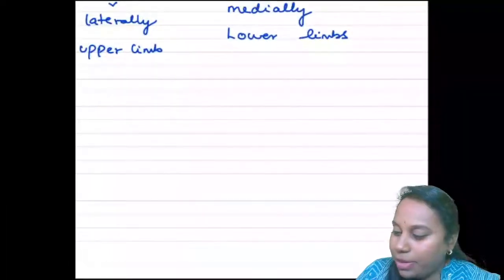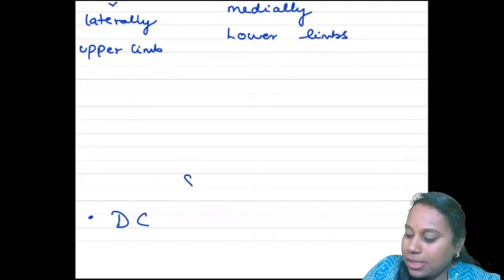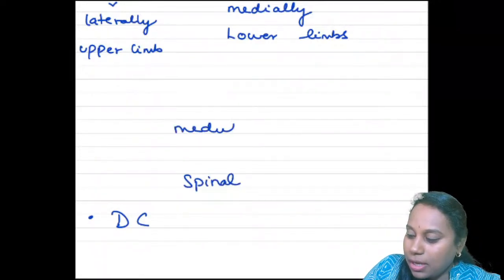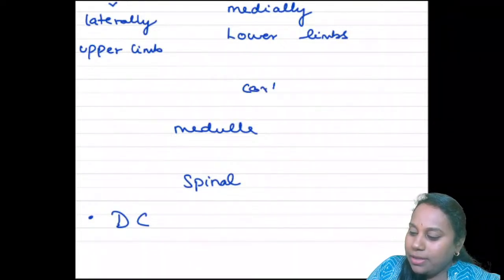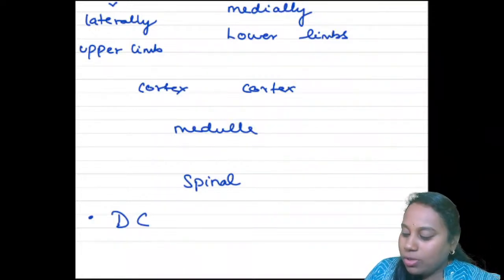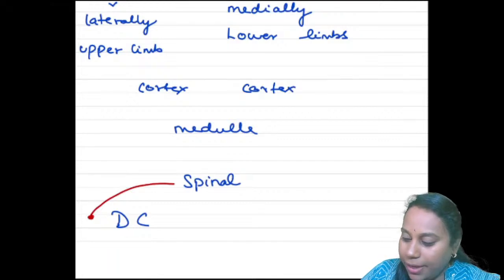If this is the spinal cord and this is medulla and this is the sensory cortex, right side and the left side, the dorsal column fibers from one half of the body enter into the spinal cord and ascend on the same side.